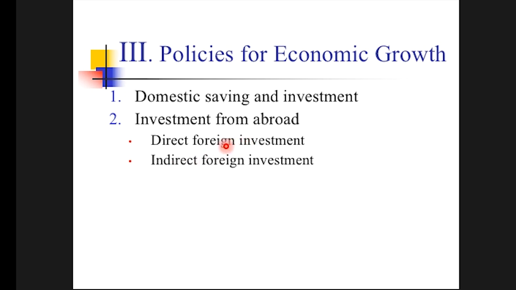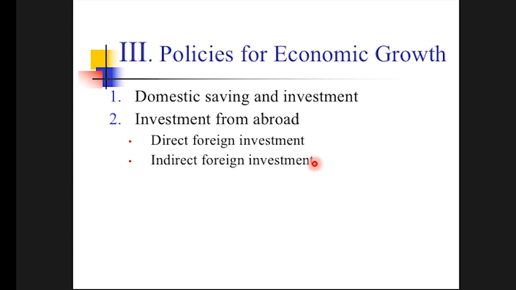Foreign direct investment means investment from a foreign country, where the foreign company directly establishes the business in this economy. It's different from foreign indirect investment.